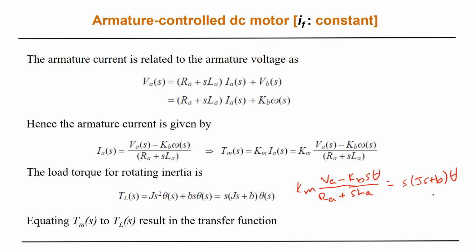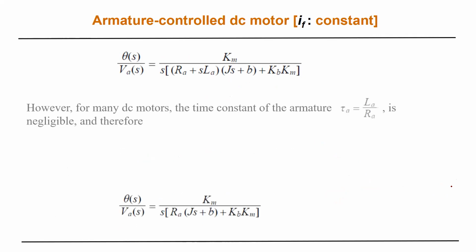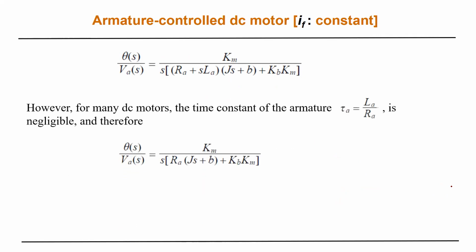Now there is a relation only between theta and VA. Do you agree? Solve for theta in terms of VA. If you solve, this is basically what you'll get. Sometimes we neglect the effect of LA.